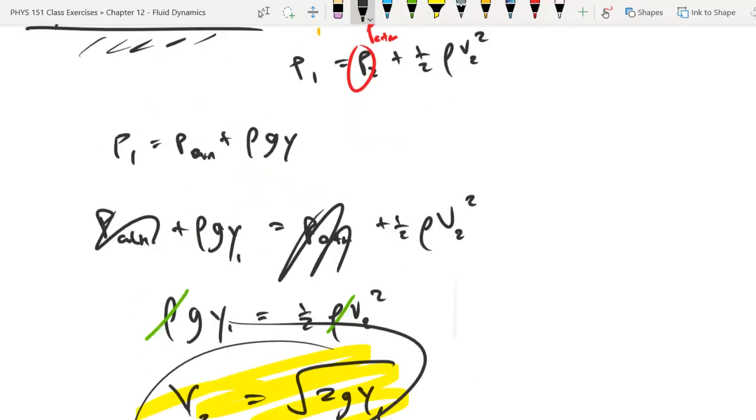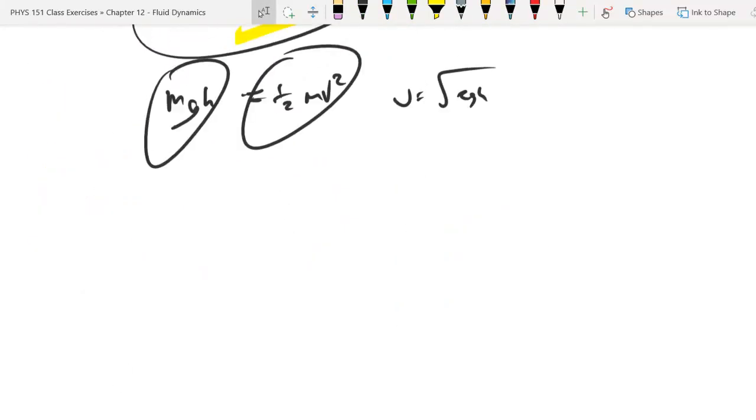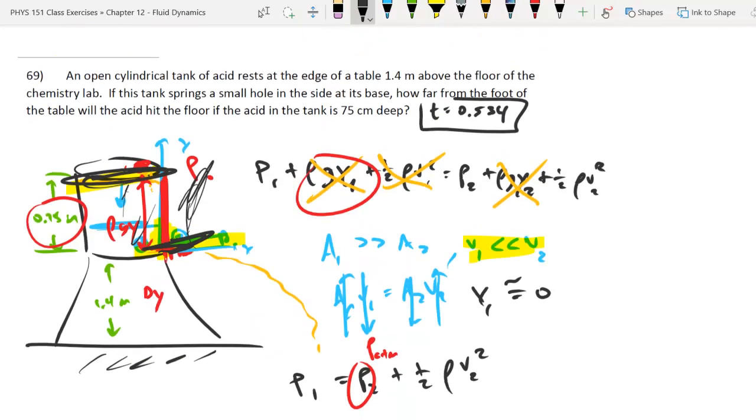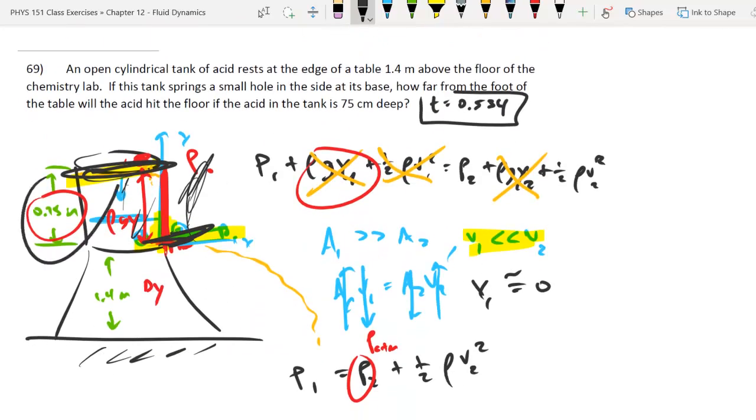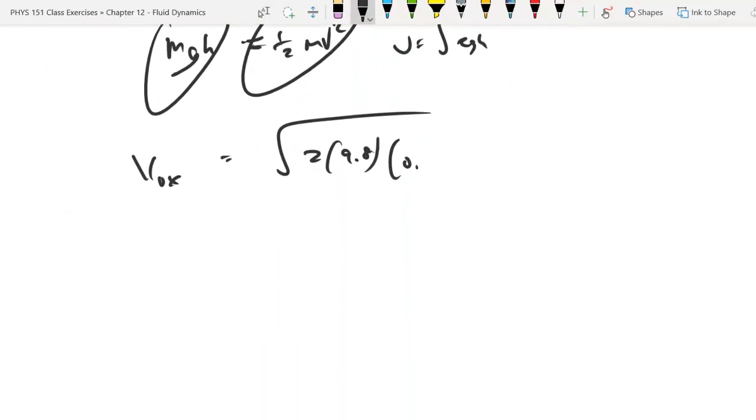So this gives us V naught x, which is the V naught x we needed. V naught x is the square root of 2 times 9.8 times y1, which was just the depth of the fluid, 0.75 meters. This means that delta x is equal to V naught x times the time.